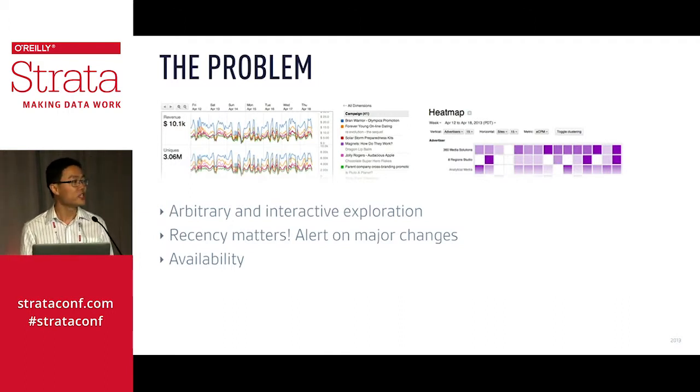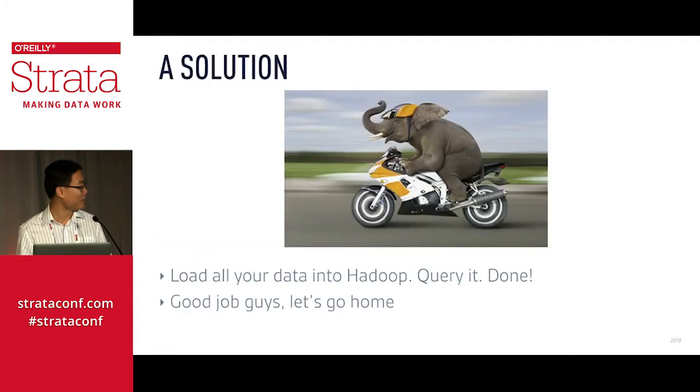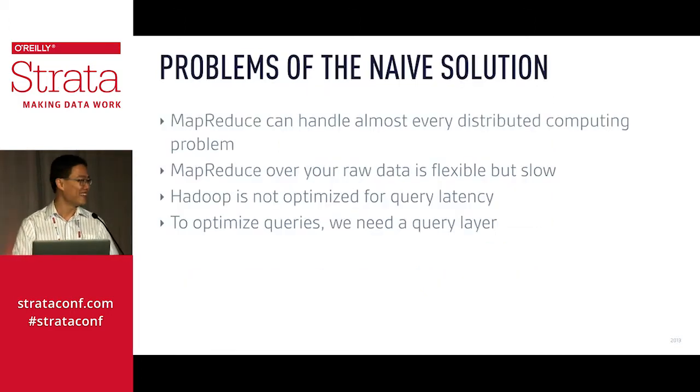As an engineer, anytime you're faced with doing analytics on top of very large data sets, the first technology that typically comes up is Hadoop. I have a lot of data, so why don't I just load it onto Hadoop, query it, get my insights, and go home, problem solved? Unfortunately, the naive solution has a lot of drawbacks.